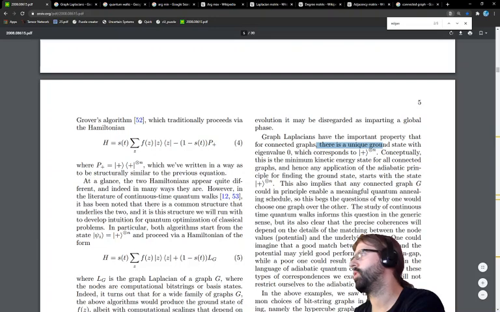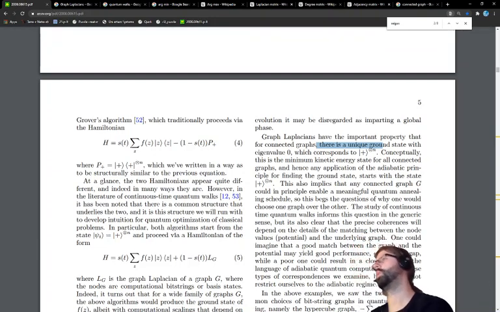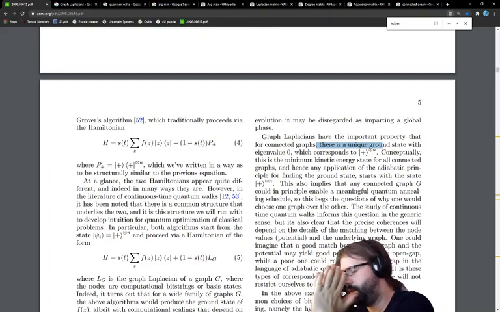a unique ground state with eigenvalue 0. So what does it mean to think of that as an operator? So you have nodes being computational basis states, and you have edges between those nodes, which mean what? Like they're not directed. So what does it mean?